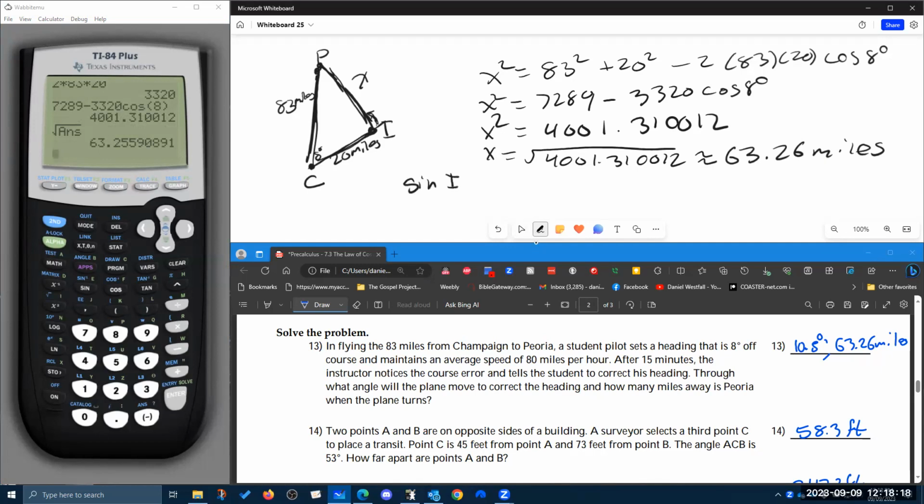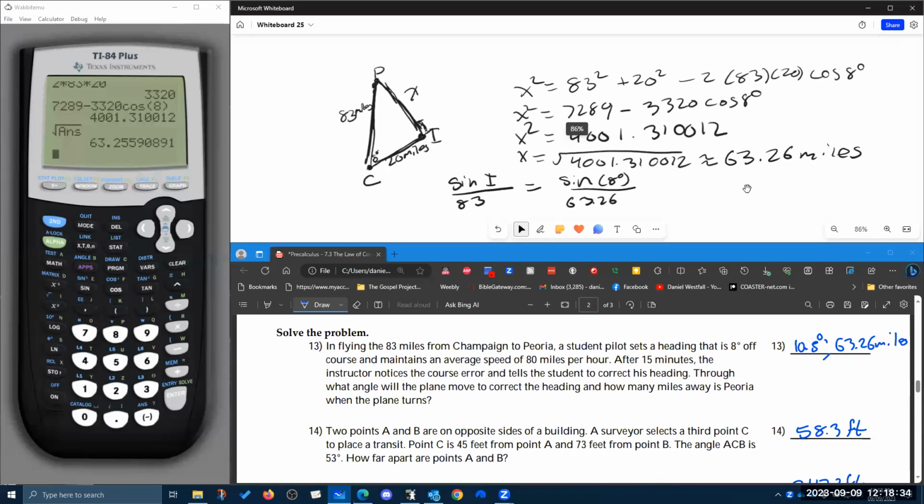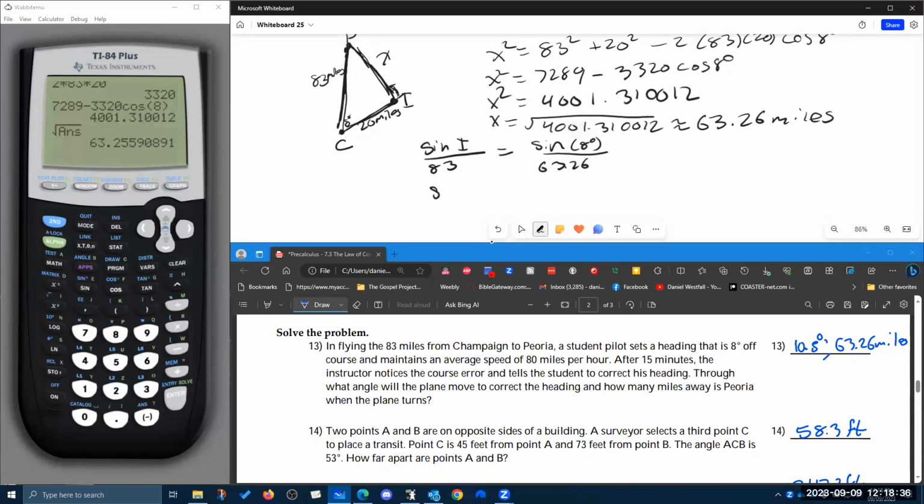Sine of angle I over 83 miles is equal to sine of 8 degrees over 63.26 miles. So sine of angle I is equal to 83 sine of 8 over 63.26, meaning that I is the arc sine of that.